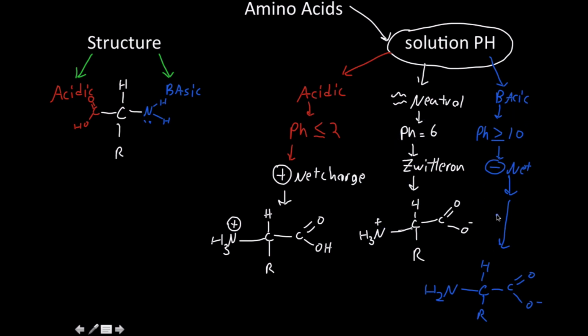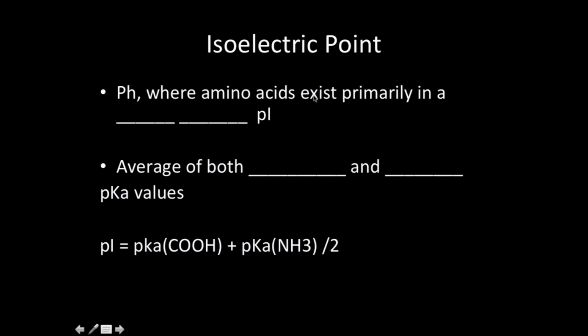So, cool. The last thing that I really wanted to talk about is something called an isoelectric point. This is a point in the pH where the amino acid exists primarily in the neutral charge. We denote that as pI, or isoelectric point. I should mention that this is for amino acids, and it is the average value of both the carboxylic acid end and the NH3 plus end pKa values.